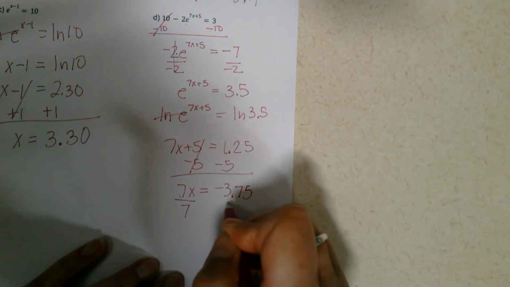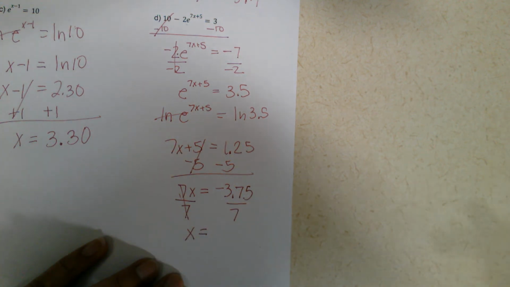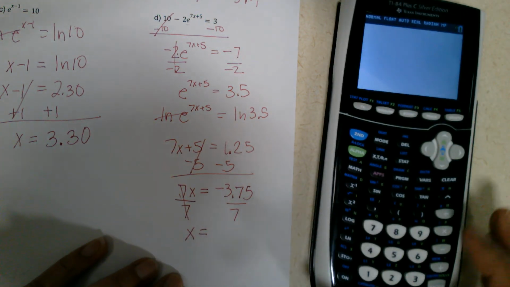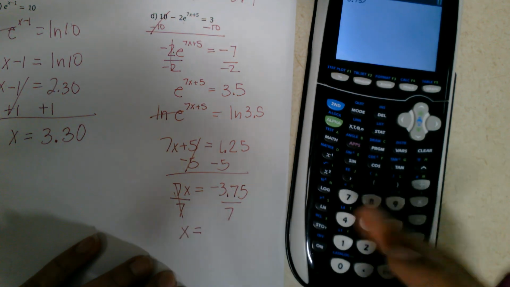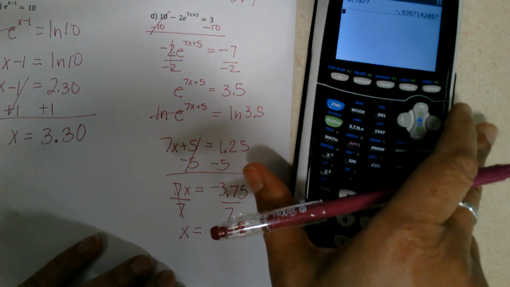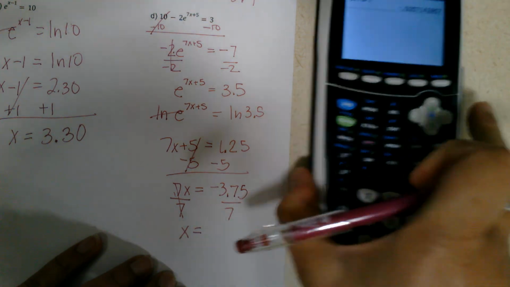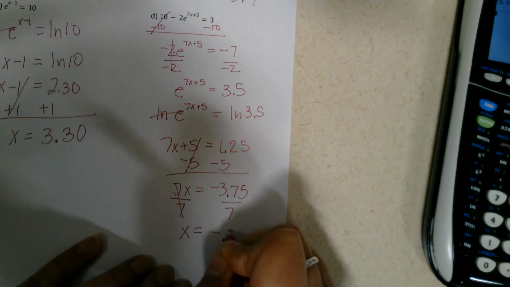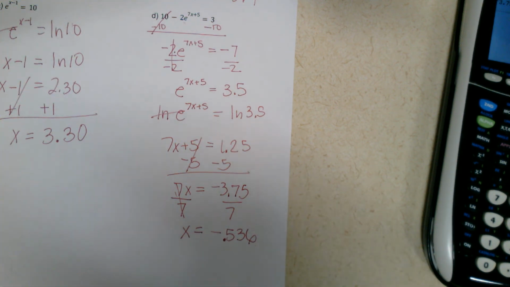And then divide both sides by 7. Your standard solving. So we have negative 3.75 divided by 7. We get negative 0.535. Now there's a 5 here, but next to it is a 7, so let's round up. So negative 0.536. And there you have it.